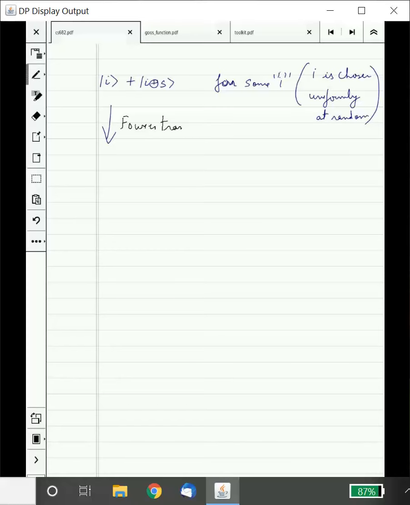A good question here would be, which Fourier transform? It has to be Z2 to the power n. Once you apply the Fourier transform, you will get this state. This is from all the formulas which we have learned till now. It should not surprise you.